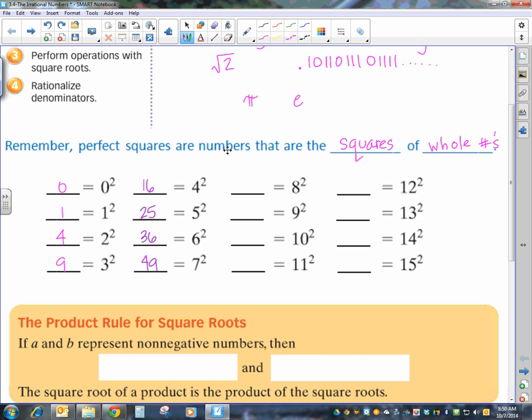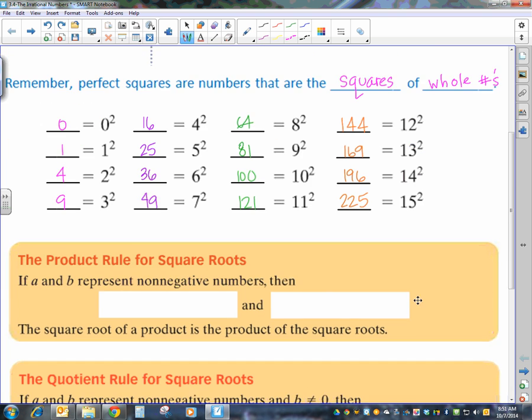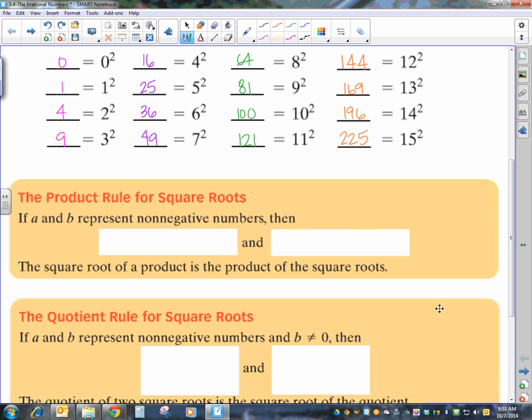Then we have 8 squared, which is 64. 9 squared is 81. 10 squared is 100. 11 squared is 121. 12 squared is 144. 13 squared is 169. 14 squared is 196, and 15 squared is 225. Those are numbers we're going to be working with, so they should be very familiar to you, and keep them in your head as much as possible.